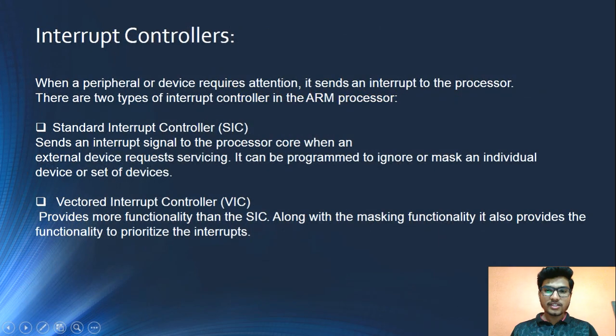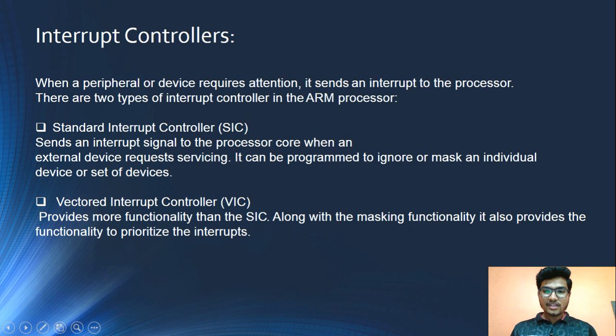Next, discussing the interrupt controllers. When a peripheral or device requires attention, it sends an interrupt to the processor. There are two types of interrupt controllers in the ARM processors, namely SIC and VIC. SIC stands for Standard Interrupt Controller, and VIC stands for Vector Interrupt Controller.